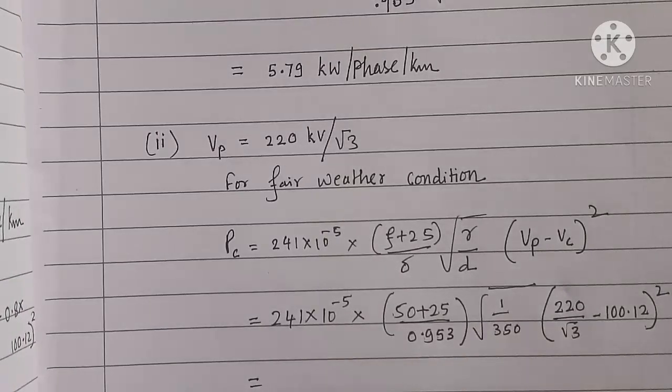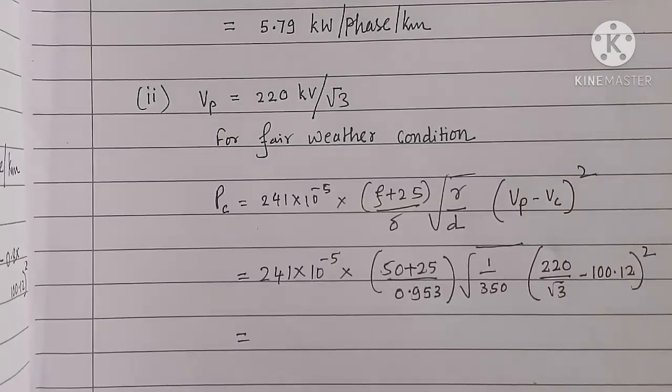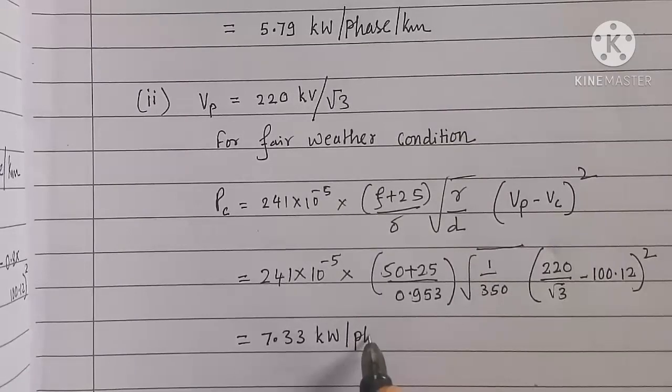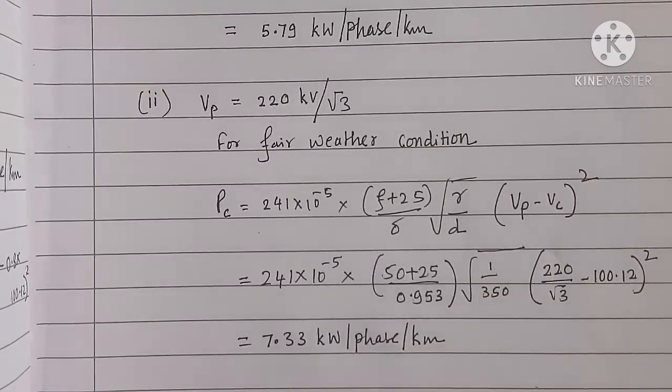On simplification we get 7.33 kilowatt per phase per kilometer.